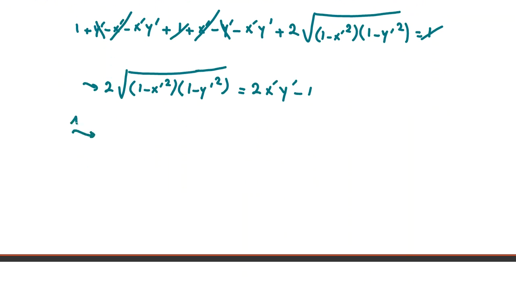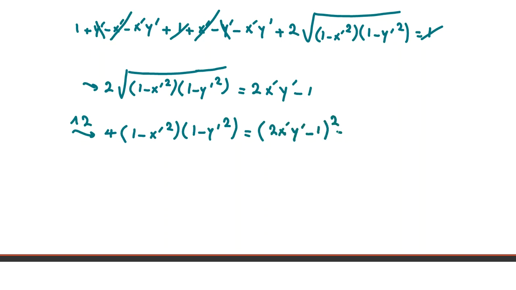Now we raise again to the power of 2 to get rid of the square root. Second approach when we see radicals. It will be 4 times (1 minus x prime squared) times (1 minus y prime squared) equal to this squared. So (2x prime y prime minus 1) squared, which will be 4x prime squared y prime squared plus 1 minus 4x prime y prime.